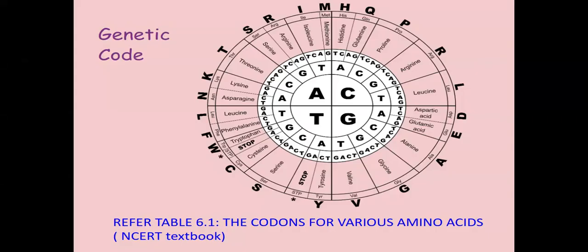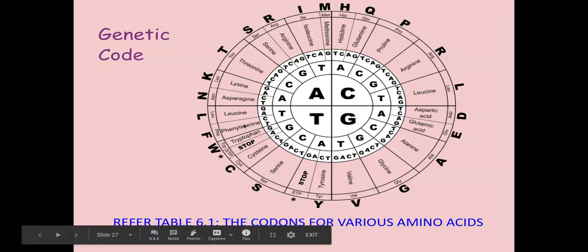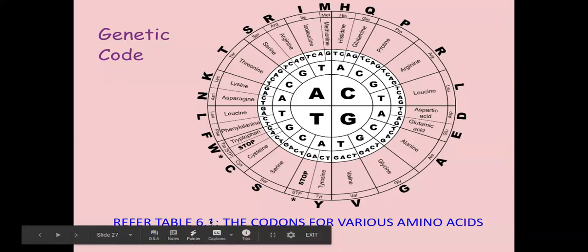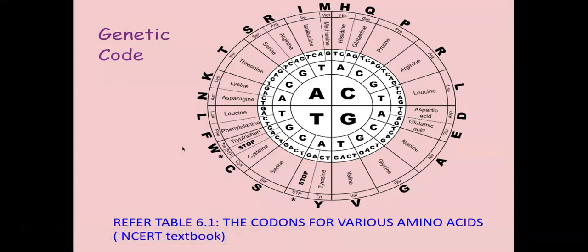Now, giving you a quick look at the genetic code. So this was finally the code and the chart that they made to understand which code, or now they call it a codon, coded for a particular amino acid. Now, the same code is very simply given in your text in table 6.1. So what I want you to do is take a look at table 6.1 and find out which code is for which amino acid.